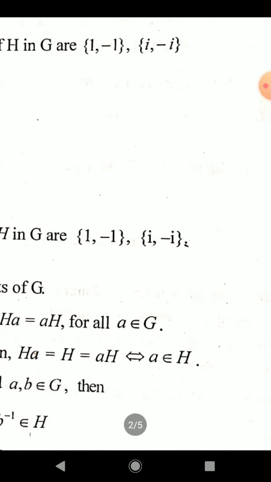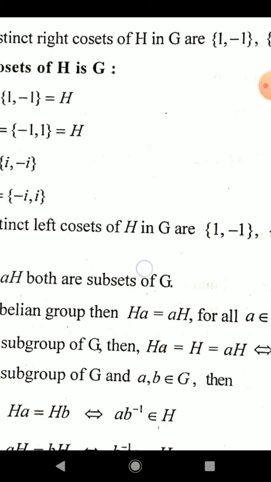You have to remember that the number of distinct right cosets is the same as the number of distinct left cosets.